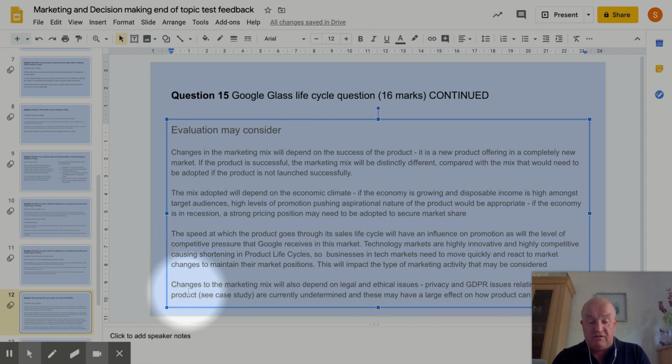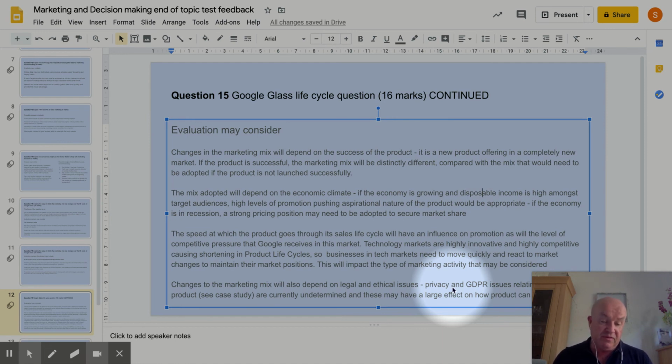Other things that can affect the marketing mix, and to some degree also the product life cycle, could be legal and ethical issues, okay? Now, clearly in this instance, with Google Glass, there were some issues around privacy that are spelt out in the case study, and you could use that as an example, as it would to some degree cause a bit of a problem for this product.